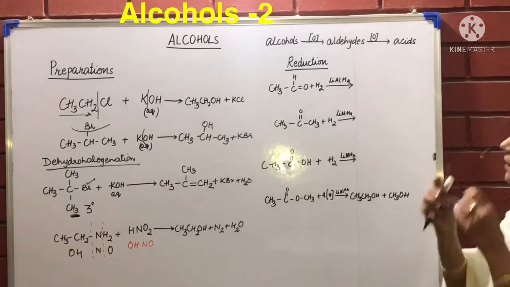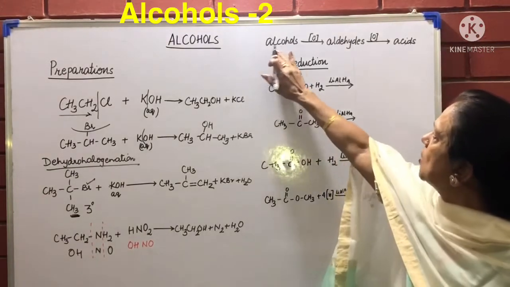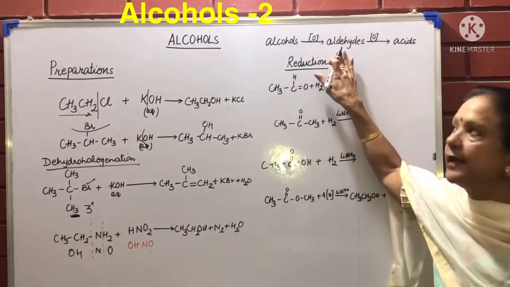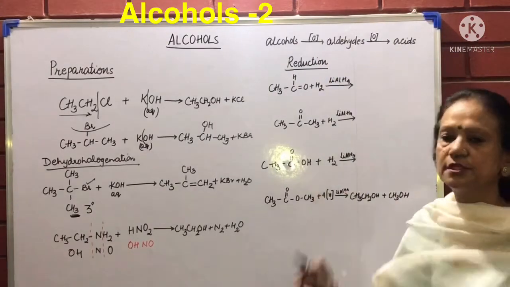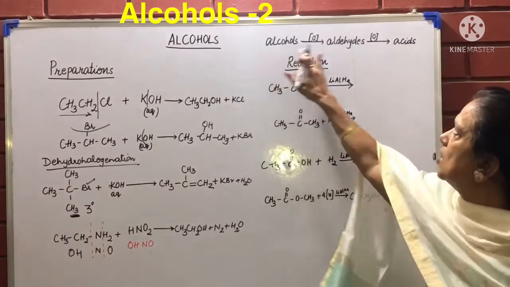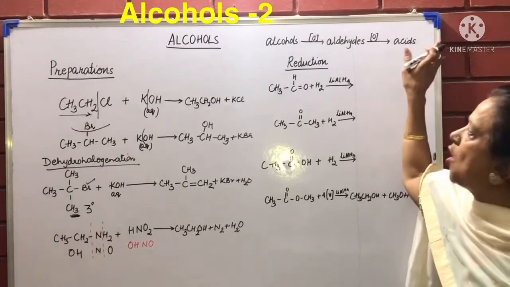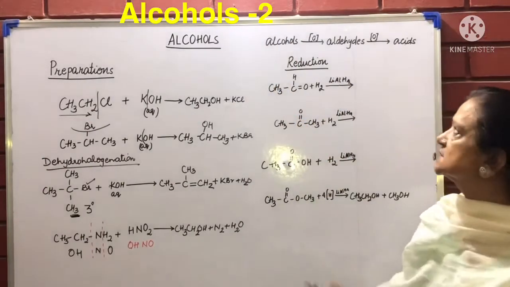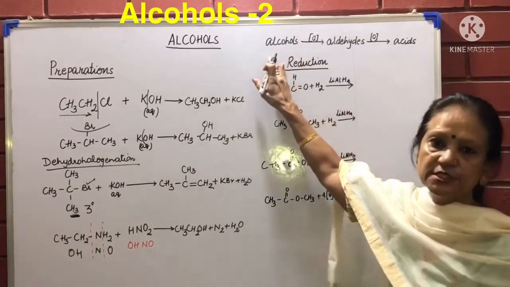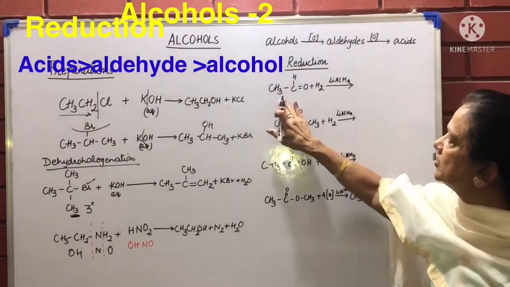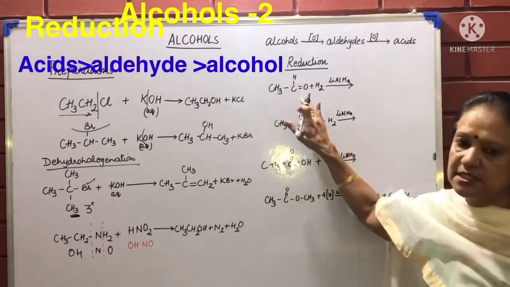See here, we have learned alcohols on oxidation give you aldehyde and aldehydes on oxidation give you acids. So alcohol to aldehyde to acid. Opposite will be if I reduce this, aldehydes will change into alcohols, and so I've taken an aldehyde CH3CHO.